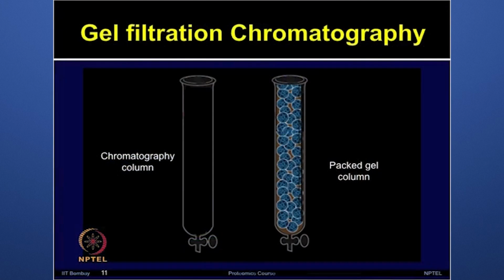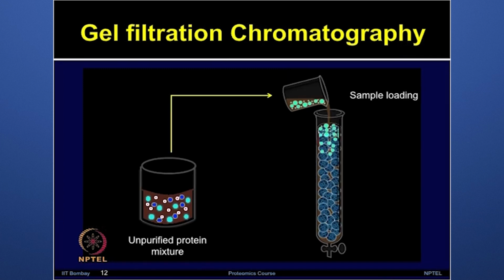The gel filtration column is composed of porous beads which are made from polyacrylamide, dextran or agarose. Now, these columns are packed with the hydrated porous gel matrix. The protein sample, which contains a mixture of unpurified proteins of different size, is then loaded on the column.